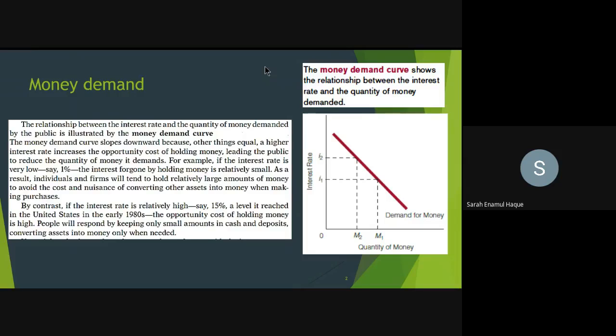However, if the interest rate decreases, you will probably think it's not worth keeping the money in the bank because the interest is so low. So you will rather demand money to use it for consumption. Do you understand why the demand curve is downward sloping for money and what relationship it has with interest rate?